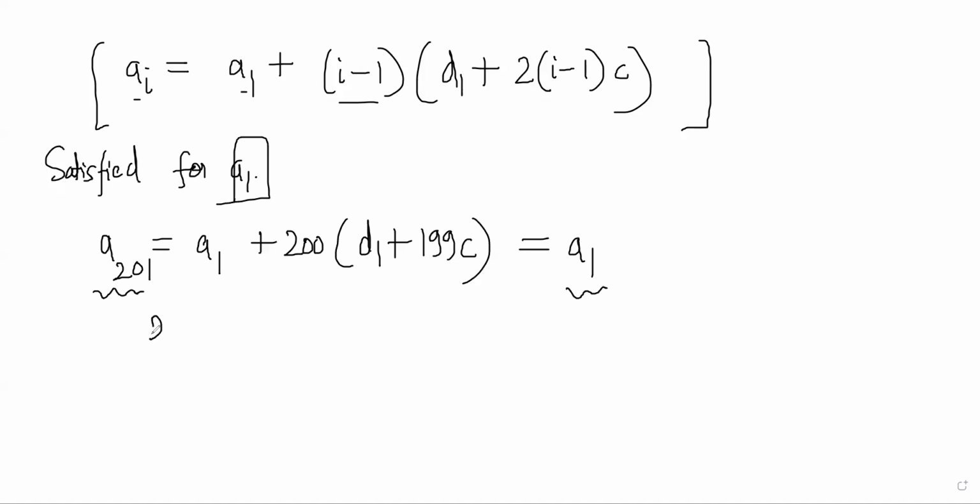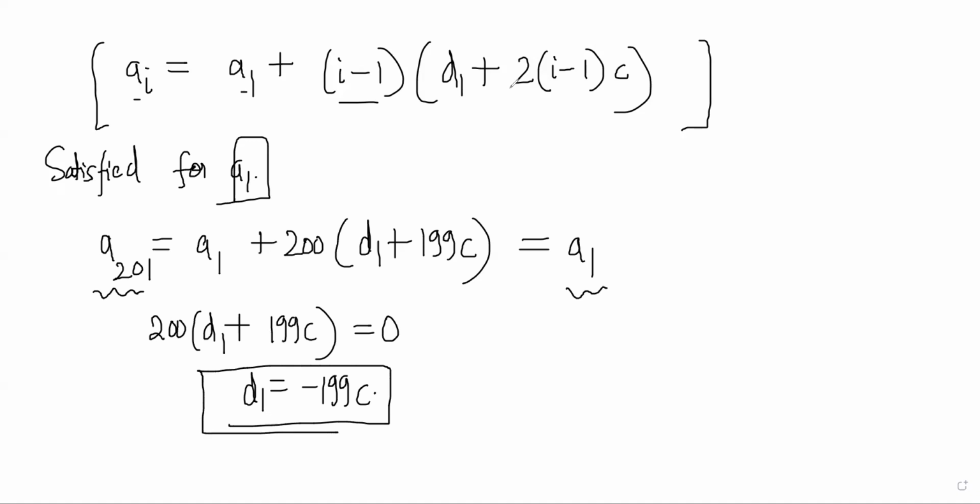So therefore, we get 200 d1 plus 199c is equal to 0, which means d1 is equal to minus 199c. That is good. We can replace this d1 here. So when you replace d1 with minus 199c, our formula for ai becomes ai equal to a1 plus (i minus 1)(i minus 201) into c.